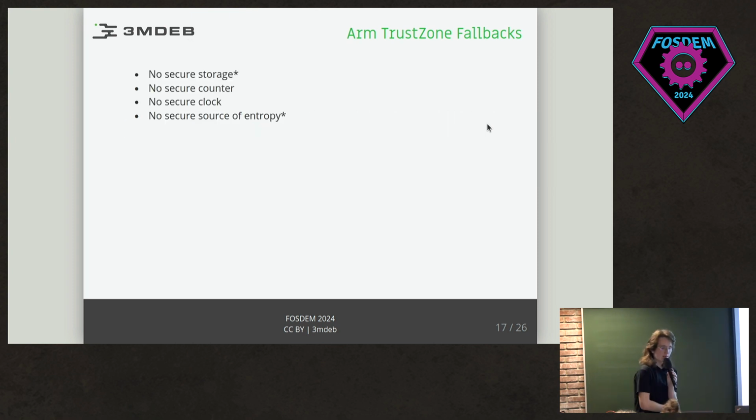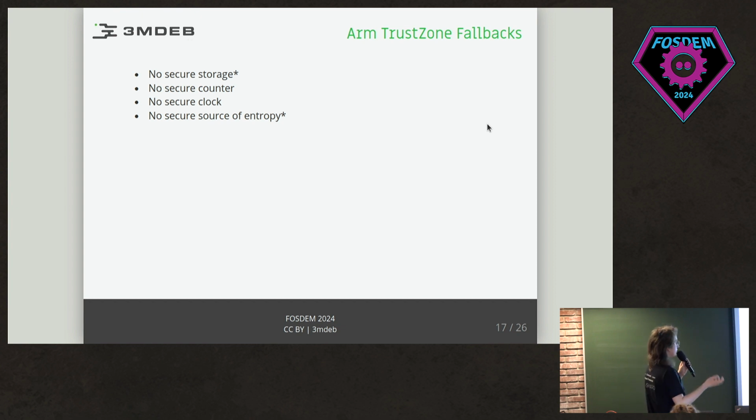Because ARM TrustZone doesn't add in itself a lot of the important parts that make an embedded device secure. For example, there's no secure storage in the ARM TrustZone specifically.